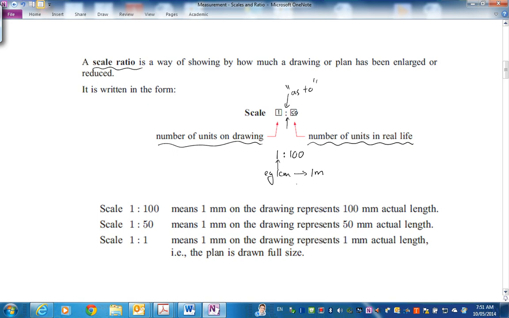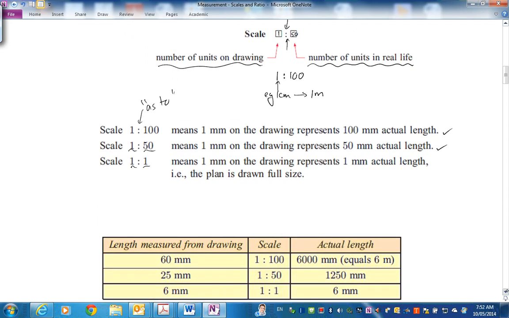Okay, 1:100. Here we are, down here. 1:50. Remember, when you say this, it's 1 is to 50. So it's saying 1 on the diagram is as 2 is to 50 on the actual length. 1:1 means it's the actual size. The plan is drawn to full size. Okay, that's as difficult as it gets.